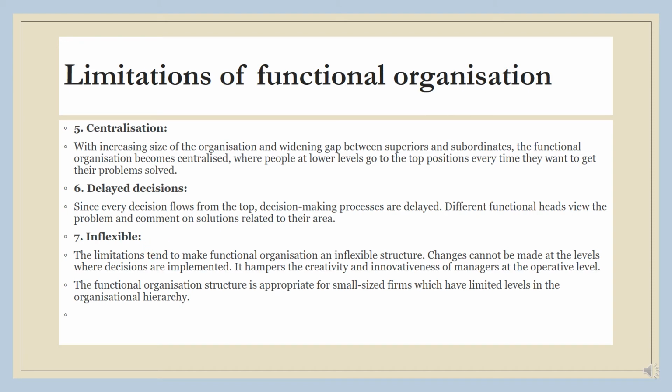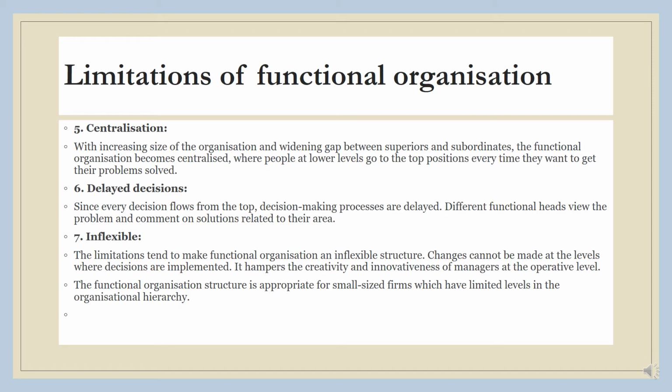Then inflexibility. Now you can completely understand that when it is such a complex relationship, and there are so many people involved in any decision, what will happen? It would become very inflexible. So if an organization needs to take a decision on an urgent basis, still there would be a protocol that would be followed, and hence it would make the organization very inflexible and non-dynamic.